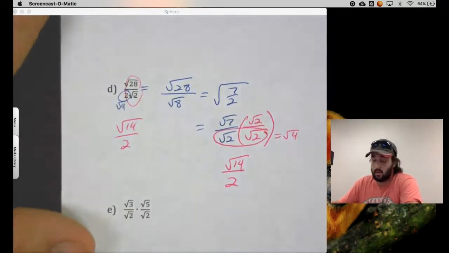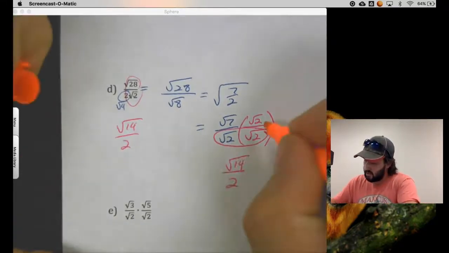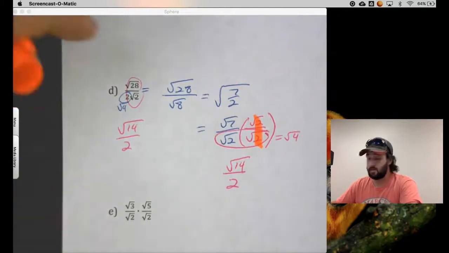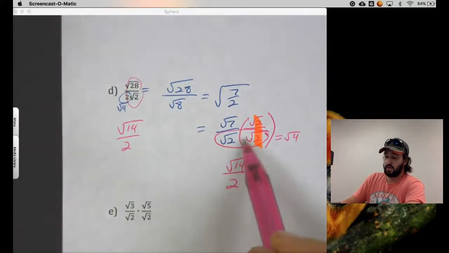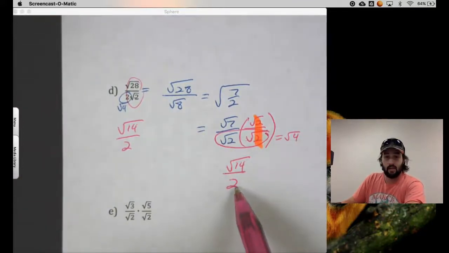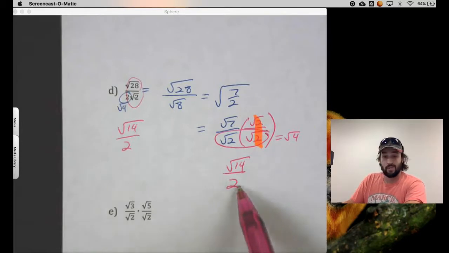Either way you want to see that, but I did want to talk to you real quick about rationalizing the denominator. So again, notice that this is just 1. It's just a really weird looking 1, because it's root 2 over root 2. But when I multiply it by the same square root of itself, it gives me a perfect square, which will make the denominator a whole number. No more square roots. So it's just 2.